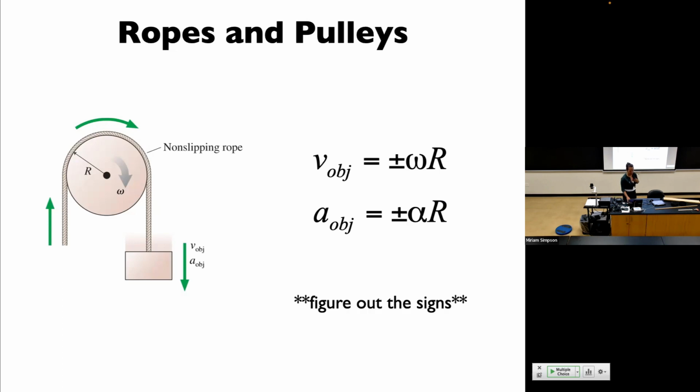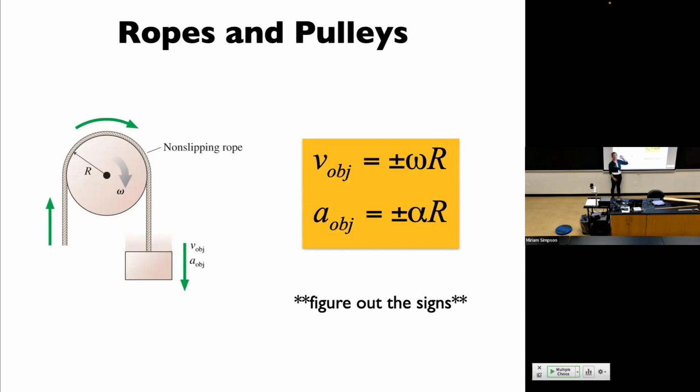Now the signs are a little bit tricky, just like before. So remember this: my trick is to pick your coordinates so that acceleration is positive, and match all your forces and torques to the positive direction, so you're always going in the direction of acceleration. That might mean in this case this is clockwise.